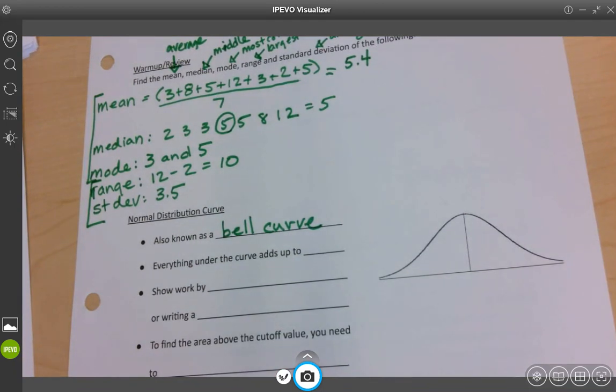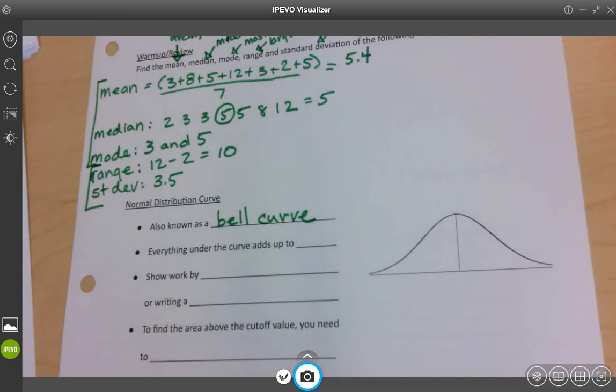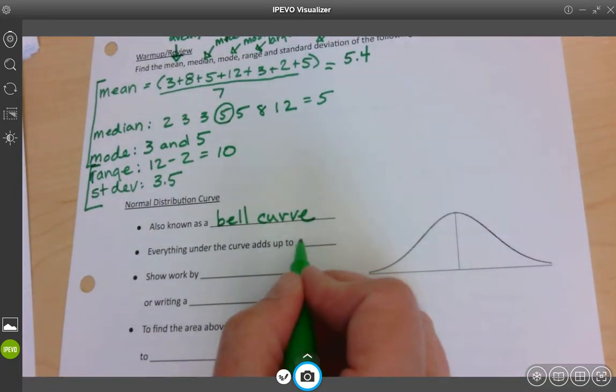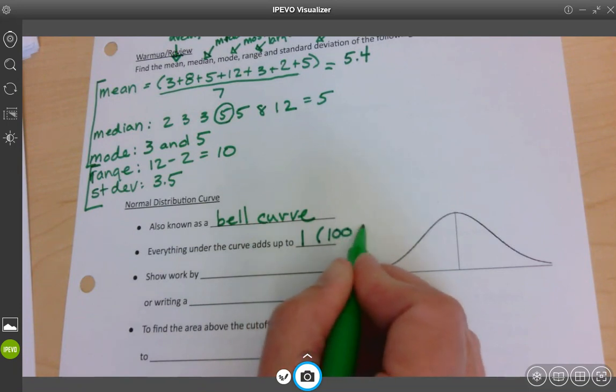There can be controversy at times about the bell curve because some things are normally distributed as the bell curve, and some things people believe are normally distributed, but they may not actually be. Everything under the curve adds up to the number 1 because 1 represents 100%.